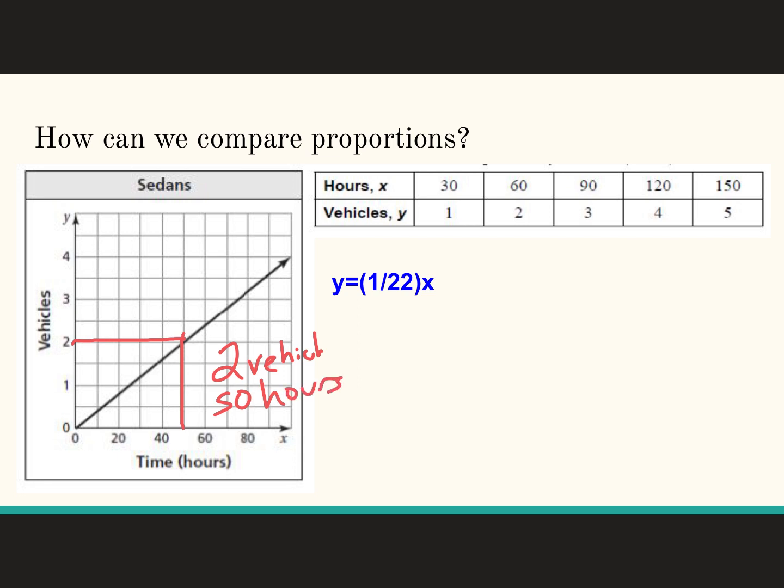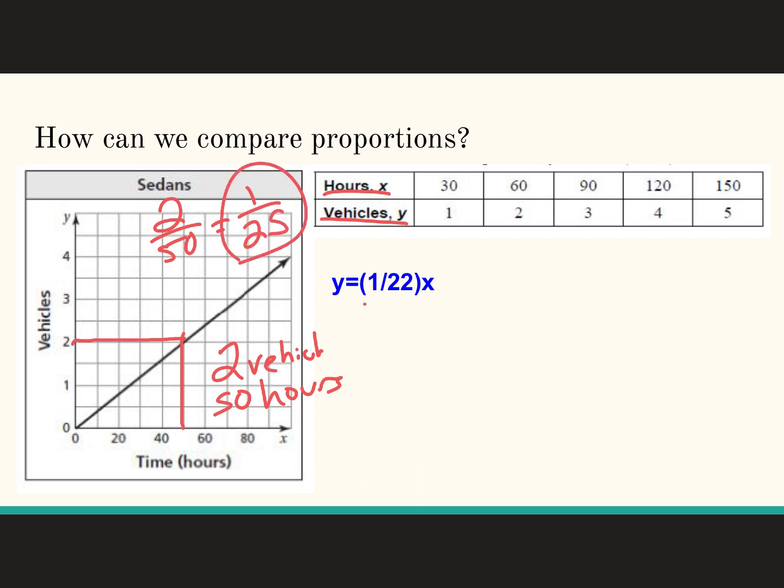Well, the vehicles are our y and the hours are our x. So there's change in y divided by change in x. So 2 divided by 50. So 2 over 50 means that I do 1 every 25 hours. So that's the rate of change here.